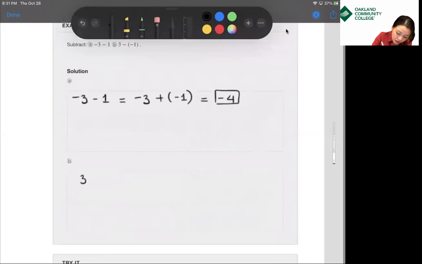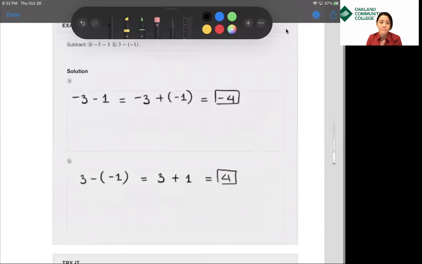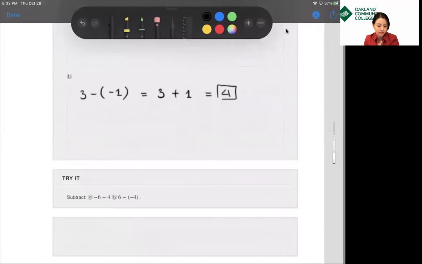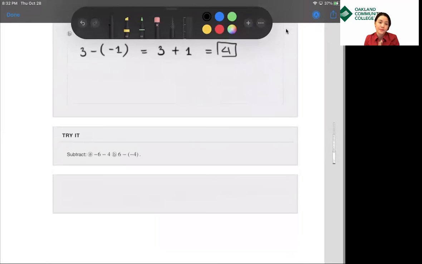B, I have 3 minus 1. Again, minus becomes plus, so 3 plus 1 equals 4. Let's try this one on your own. Negative 6 minus 4 equals, I'm going to rewrite the intermediate step: negative 6 plus negative 4.